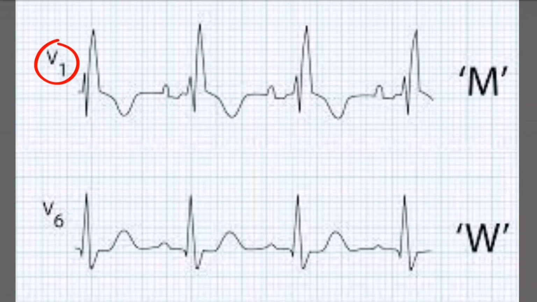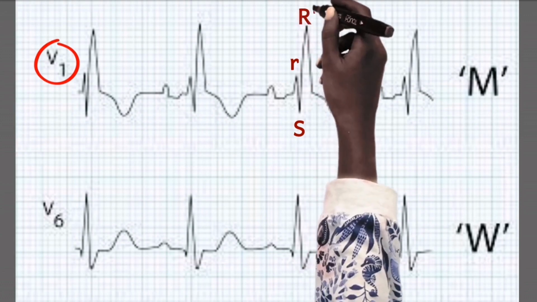First, the morphology. Now see that after the P wave in lead V1, we have the QRS complex, which is made up of this small positive R wave first, and this is from the septum, remember. Then this S wave from the left ventricular depolarization, and another R wave which is distinguished from the first by naming it R prime.